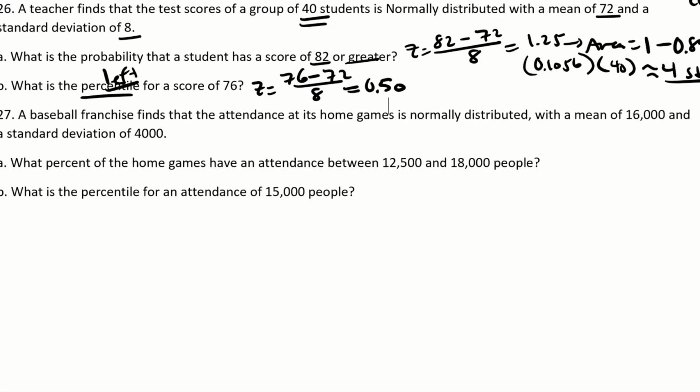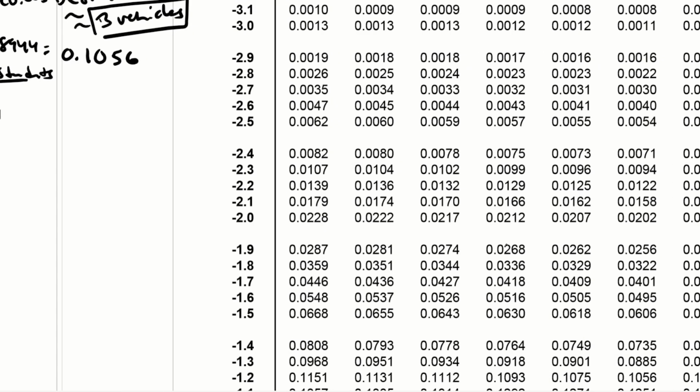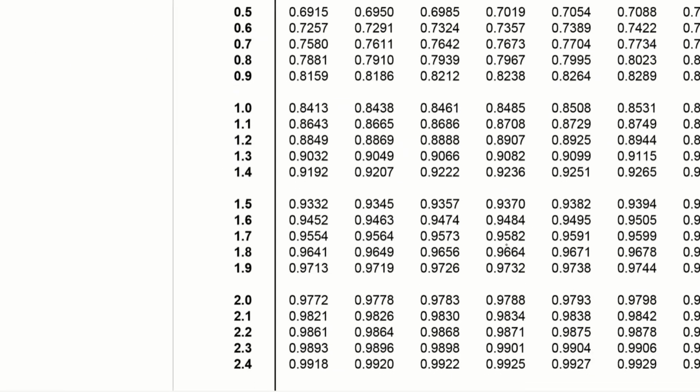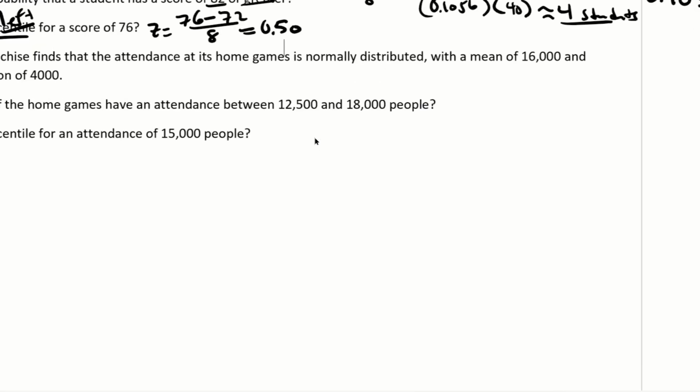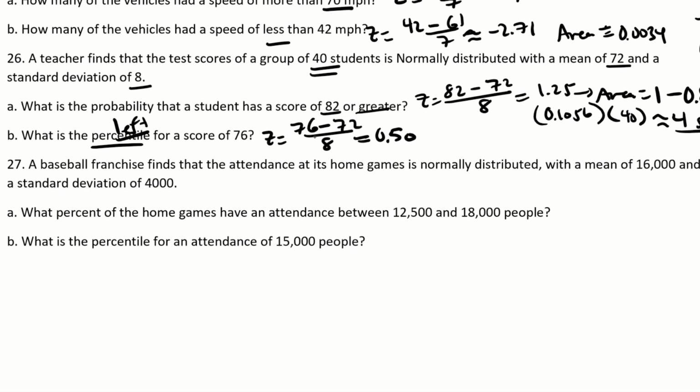Okay, so let's look at the area. 0.50 is 0.6915. That's the area to the left, so we're good. We're going to convert it to a percent, so 69.15, which is approximately the 69th percentile.